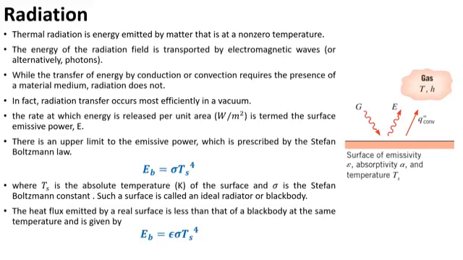Remember, a real body emits radiation less than the black body at the same temperature. This is the amount of emissive power emitted by a black body, and this is the amount of emissive power emitted by a real body.